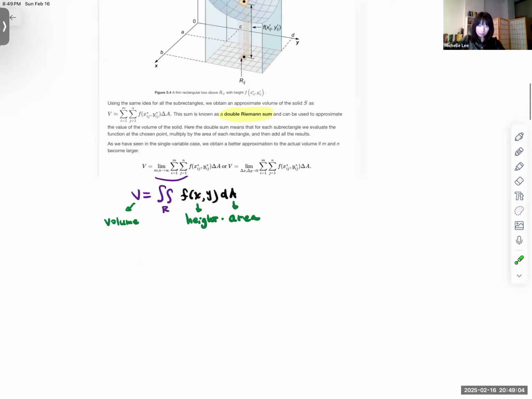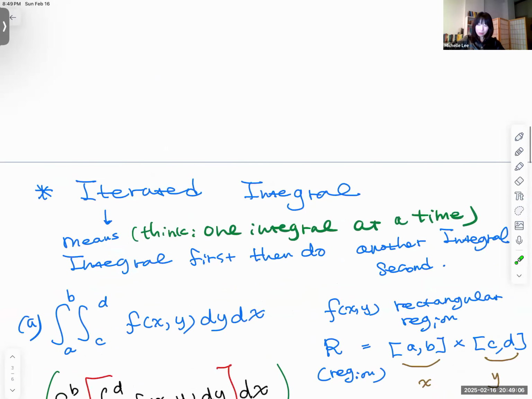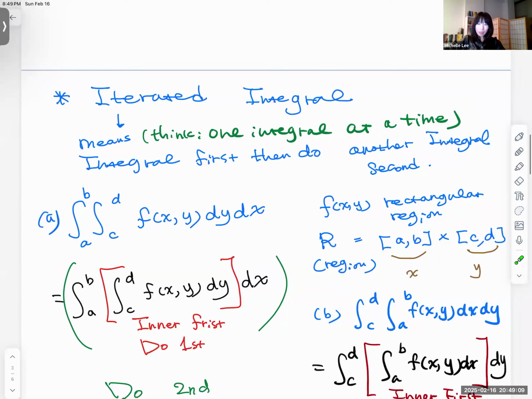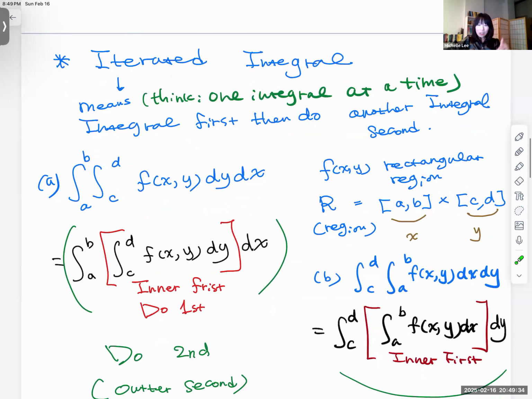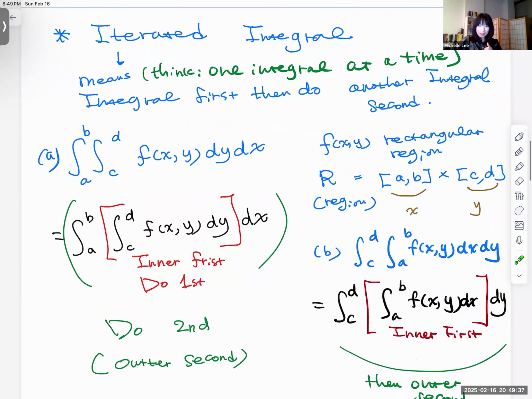Okay, now, I made a nice note. We have an iterated integral, which means we do one integral first, then do another integral second. One integral at a time. So we integrate one, then we do another one later. The iterated integral looks like this.